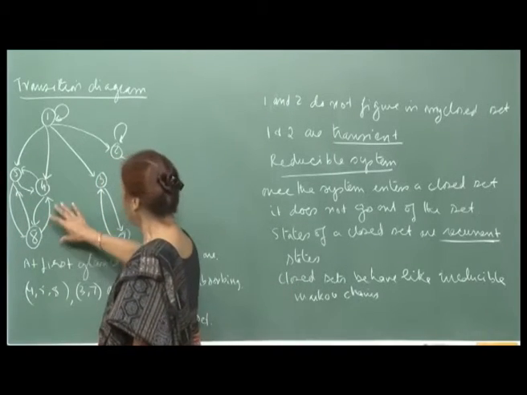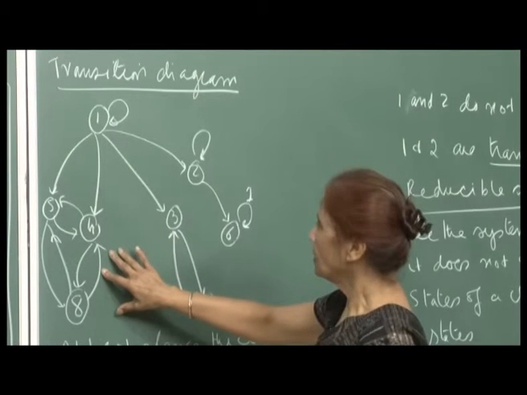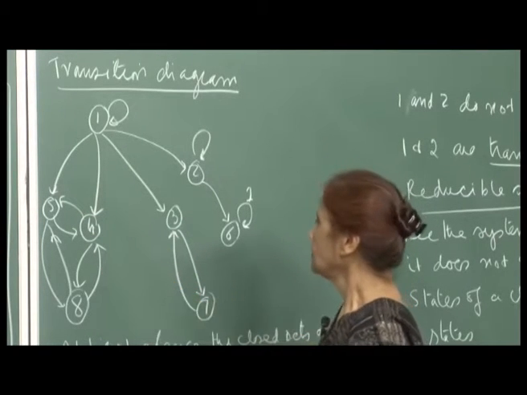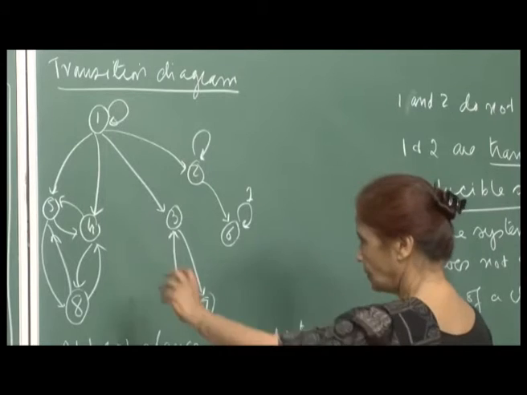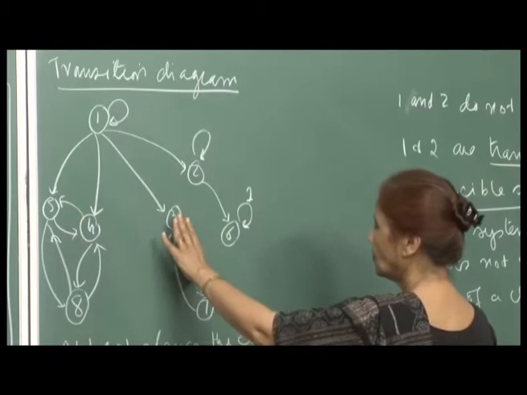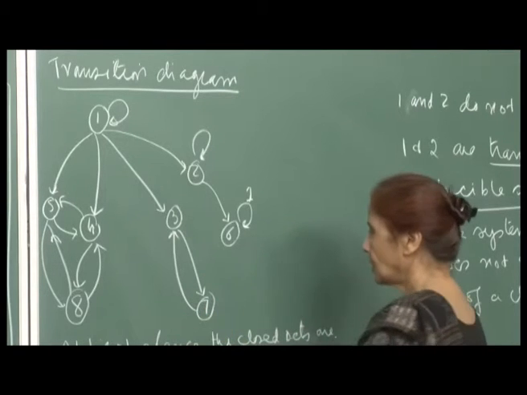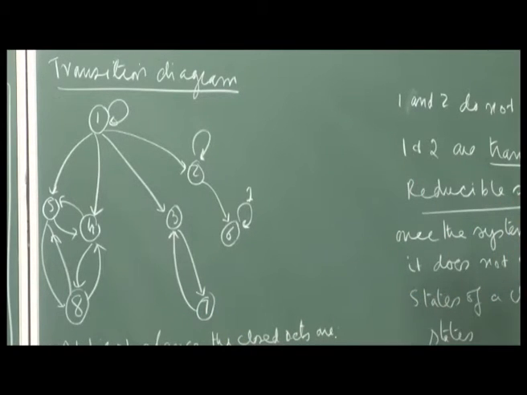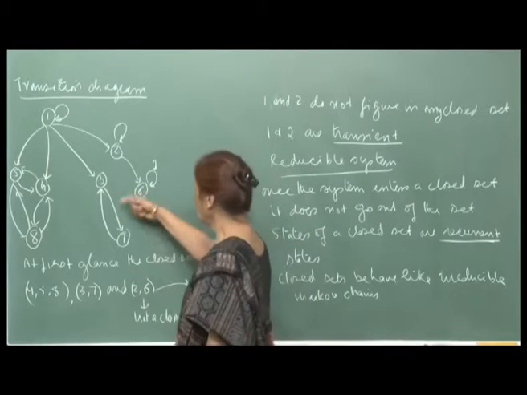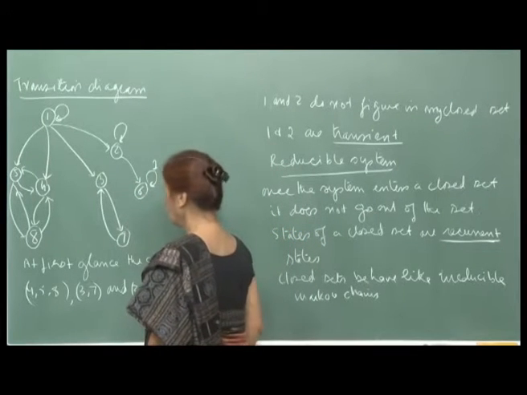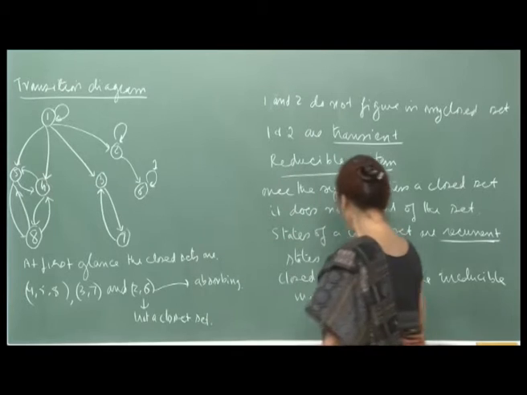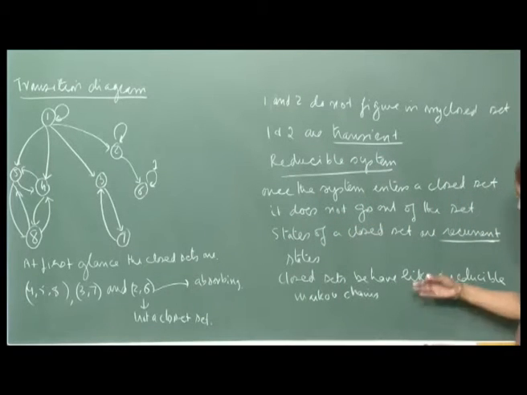So, a sub chain of the whole system which is irreducible, ergodic, in the sense that if you just consider this, and similarly if you consider the chain consisting of states 3 and 7, then they together form an irreducible chain, and both 3 and 7 communicate with each other. So, further classification is needed.